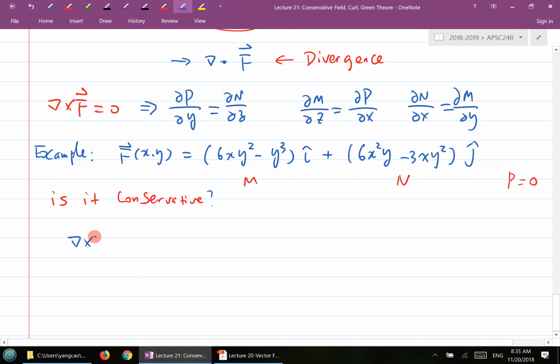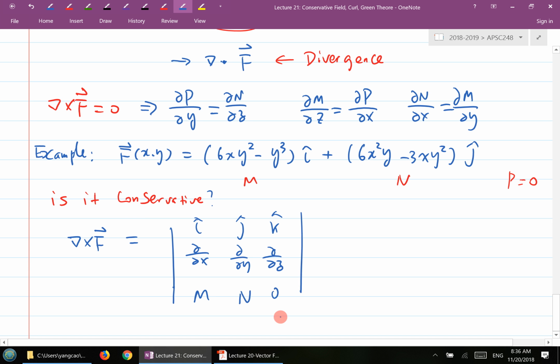So del cross F, with i, j, k. You don't have to write this every time, and if you remember the formula, then that's fine. So m, n, p, and p is 0, so put a 0 over here. When p is 0, it's a strict 2D vector.